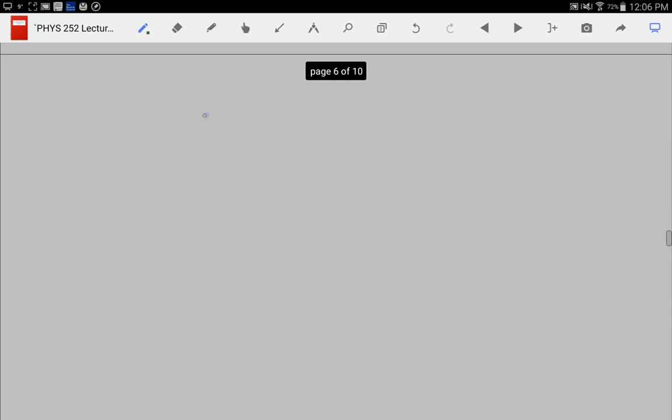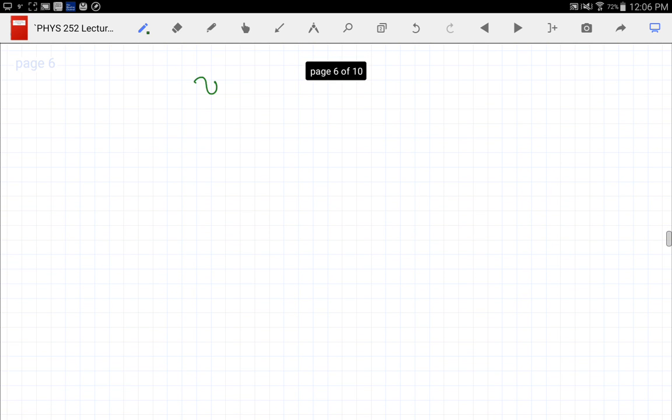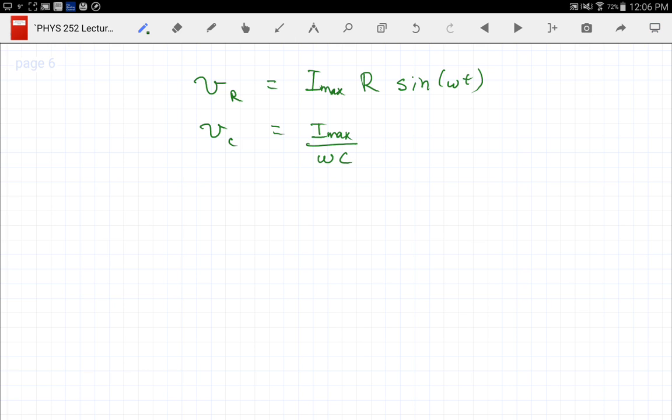The voltage across the resistor was I max times R times sine of omega t. The voltage across the capacitor was I max over omega C with a minus sign out front, cosine of omega t.